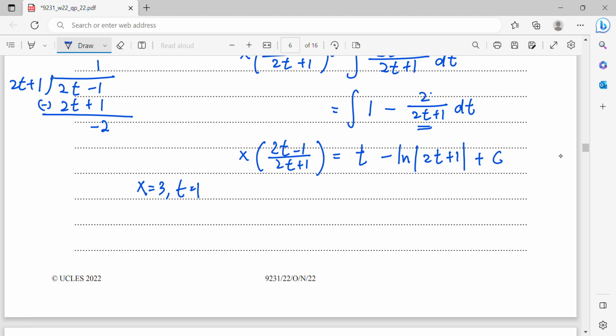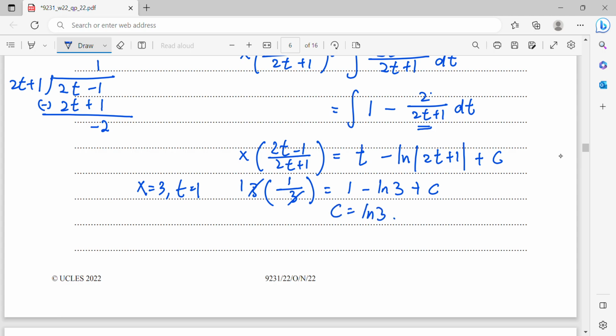So now 2 times 1 minus 1, I get 1, over 2 times 1 plus 1, I will get 3. Okay, t is 1 minus ln of 2t plus 1, you'll be getting 3. So now, left-hand side, 3 times 1 over 3 is 1. So here this is 1, and on the right side is also 1, which means your c is ln 3.